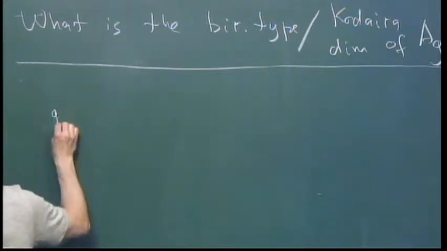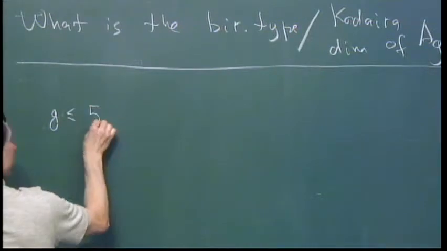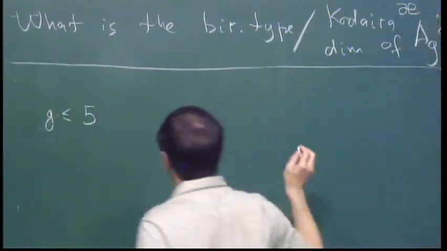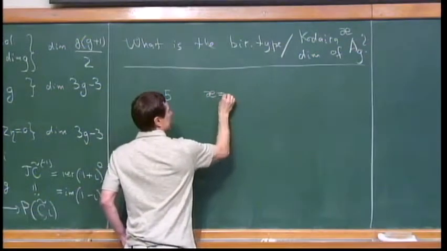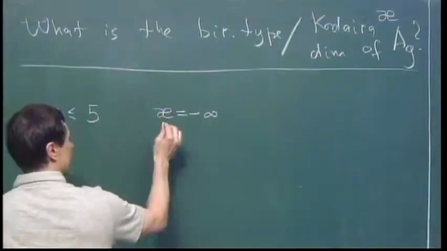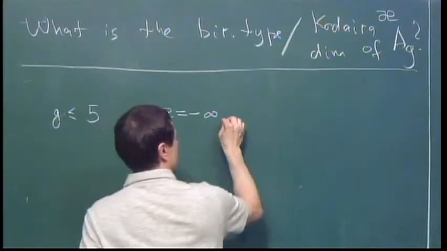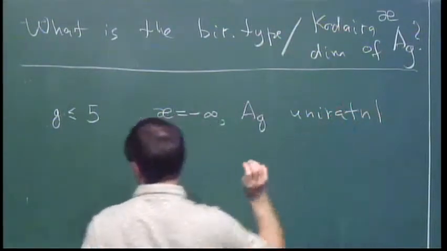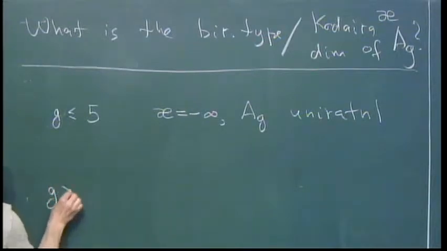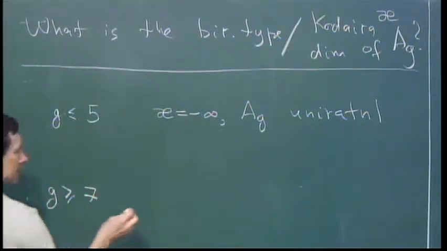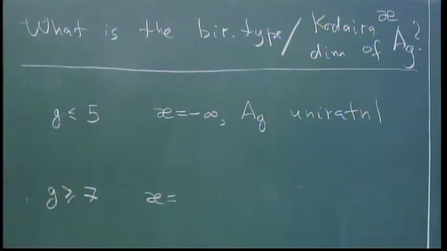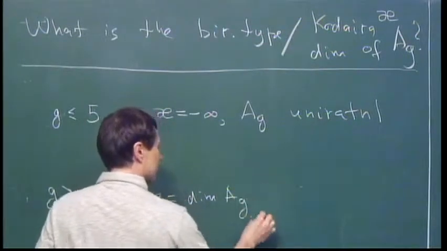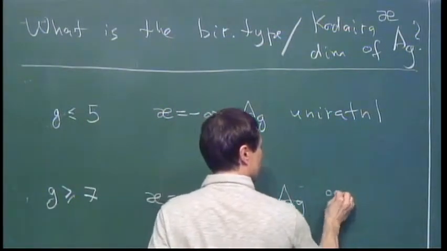For g less or equal than 5, this Kodaira dimension kappa is minus infinity, and moreover A_g is unirational. For g starting with 7, this Kodaira dimension is maximal possible, so the dimension of A_g. So the variety A_g is of general type.